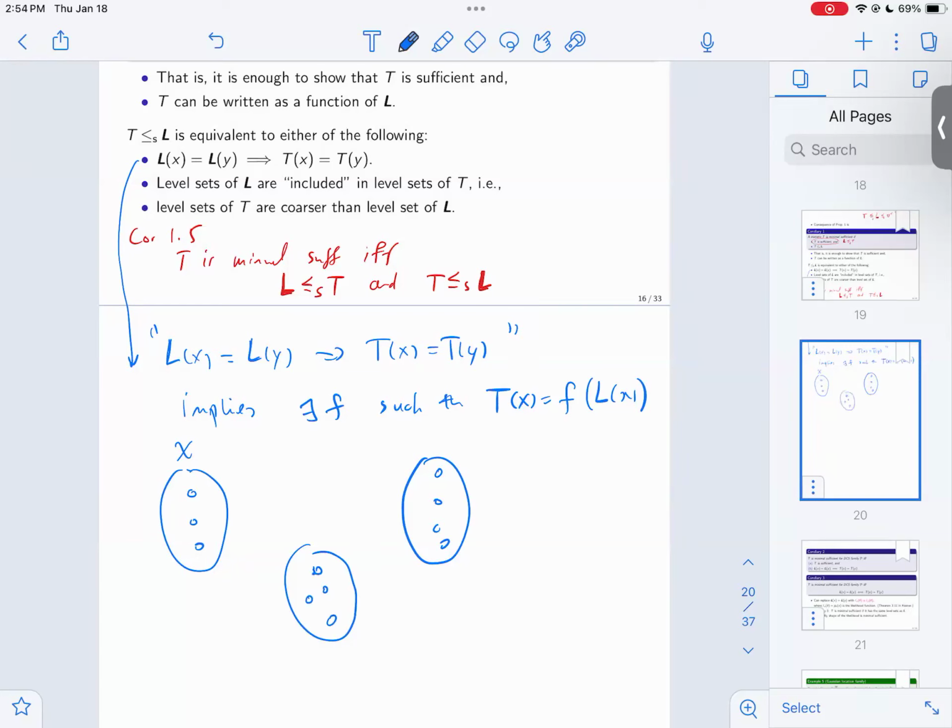Let's say L maps these two to the same point. So that's L, and then maps this here.